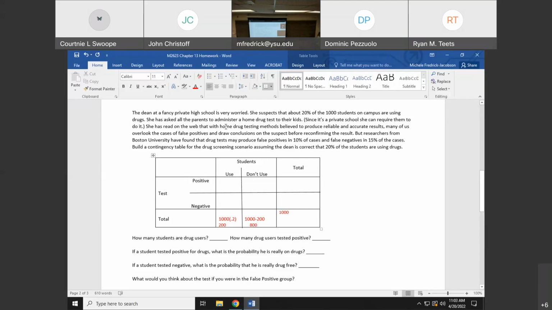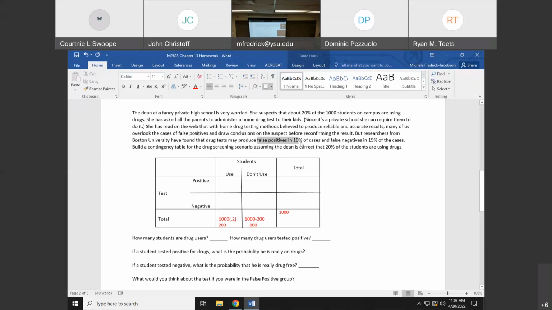She has read on the web that with a home drug test, methods believed to produce reliable and accurate results, many of us overlook the cases of false positive and draw conclusions on suspects before confirming the results. Researchers at Boston University have found that drug tests may produce false positive in 10% of the cases. So false positive.